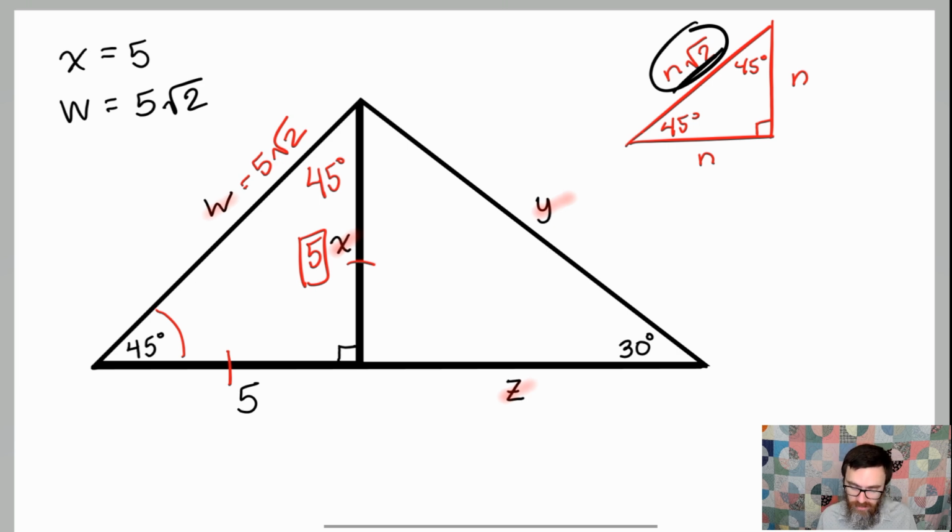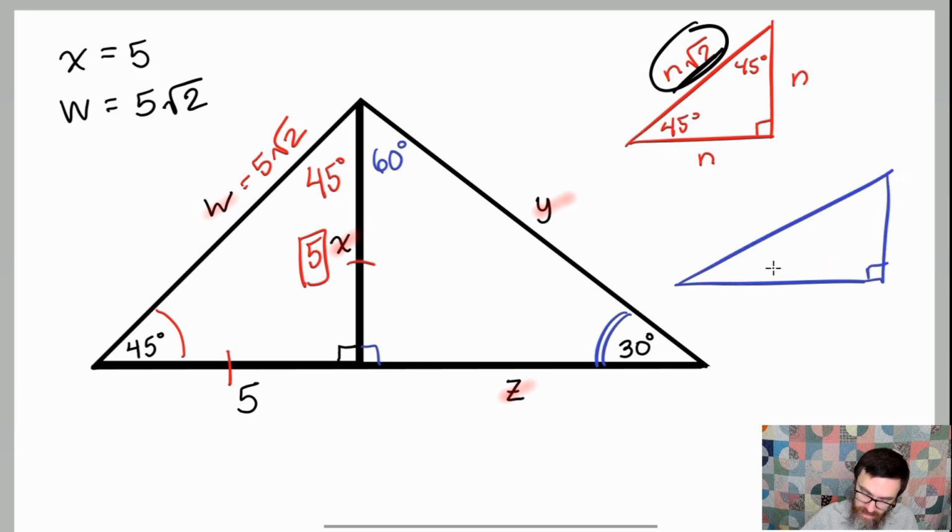So we have some good things, and we have about half of this figured out. We've got this other triangle. You have a 30-degree angle, which means this guy is going to be 60 degrees, because you do still have a right triangle, since that's perpendicular. Let's make sure we understand what the ratios are for the 30, 60, 90-degree triangle.